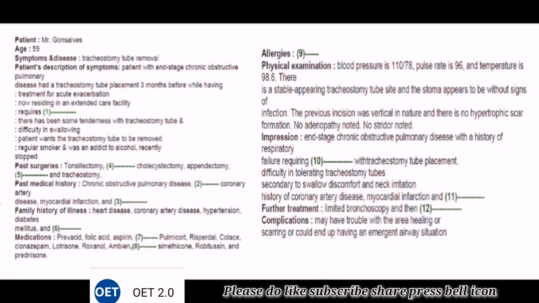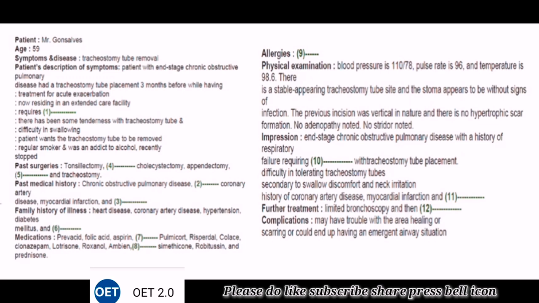What medications are you taking now? Prevacid, folic acid, aspirin, morphine sulfate, Pulmicort, Risperdal, Coles, clonazepam, Lotrazone, Ronaxol, Ambien, Zolpidem tartrate, simethicone, Robitussin, and prednisone. Are you allergic to any medication? Yes, I am allergic to nitroglycerin.